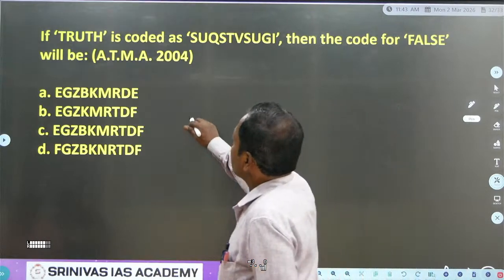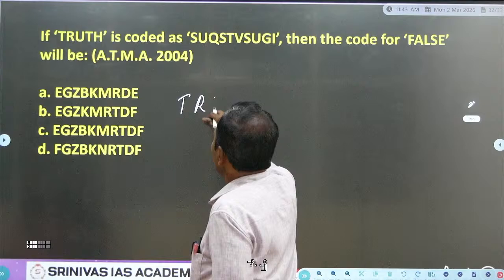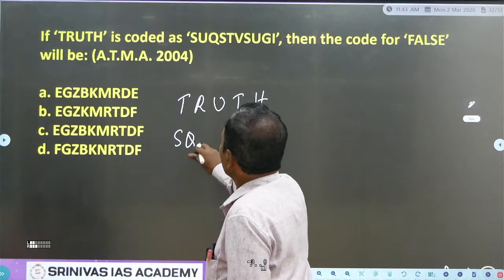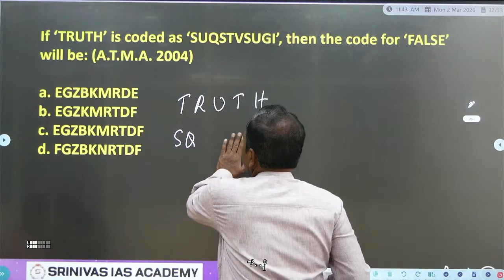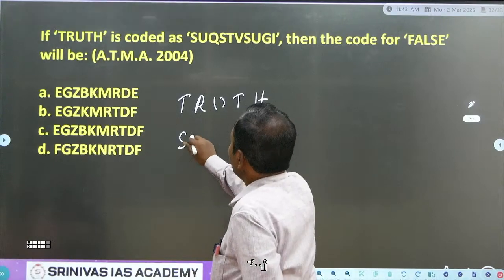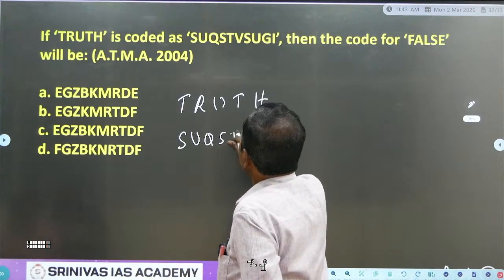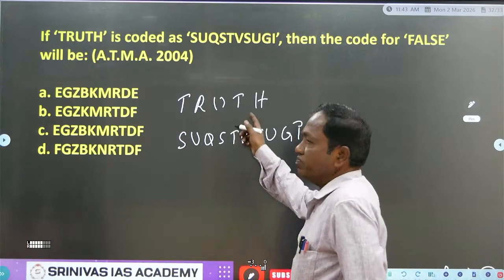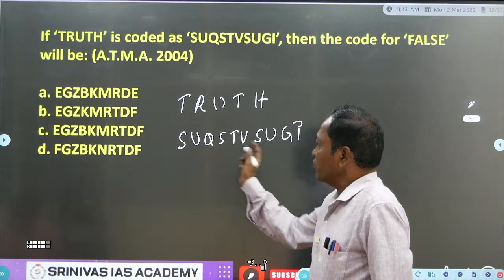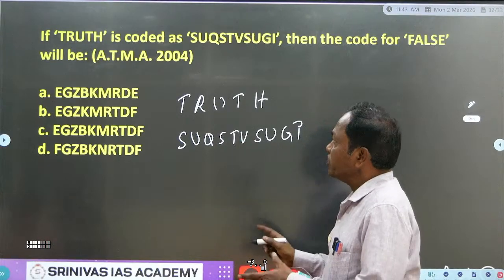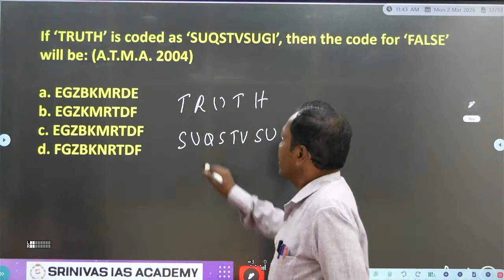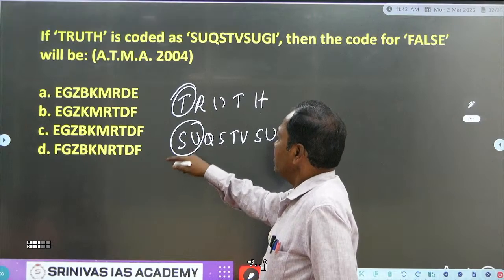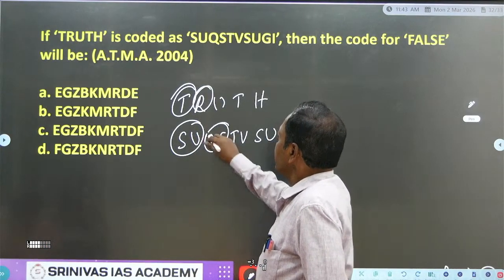Truth is coded as SUGIUT. Let us see: what is the size of this word? 5 letters. What is the size of the code? 4, 5, 6, 7, 10. It means you take 2 letters for each letter. For T, STU: minus 1, previous one, next one, QS, like that.